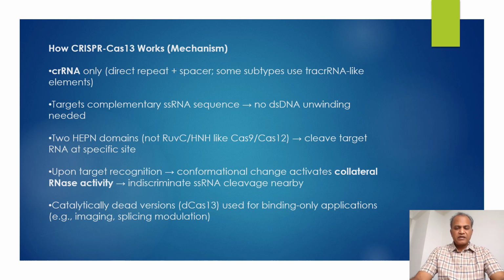Again I am stressing, it's only RNA, not single-stranded DNA. Here no double-stranded DNA unwinding is needed because it only targets its mechanism on an RNA basis. Next, it cleaves the target RNA at the specific site.